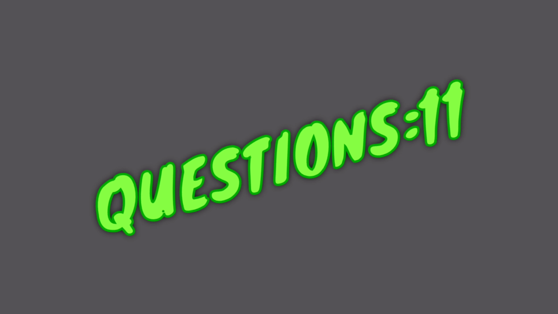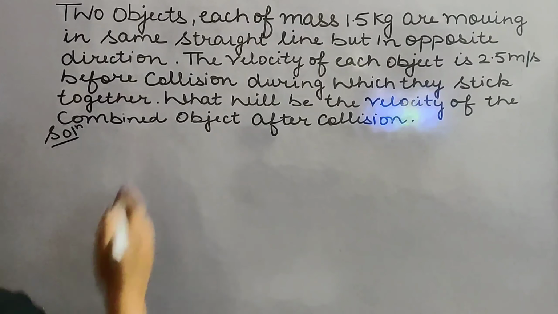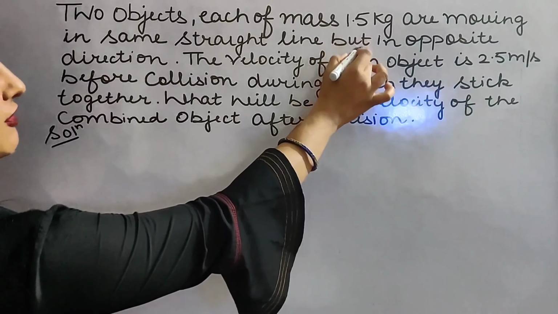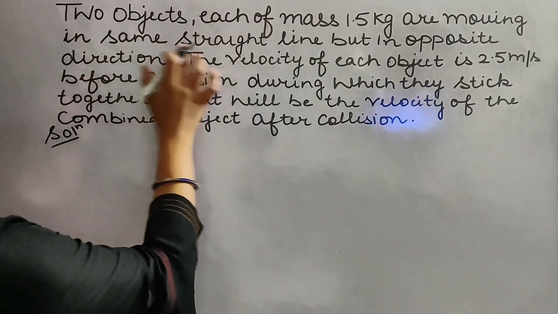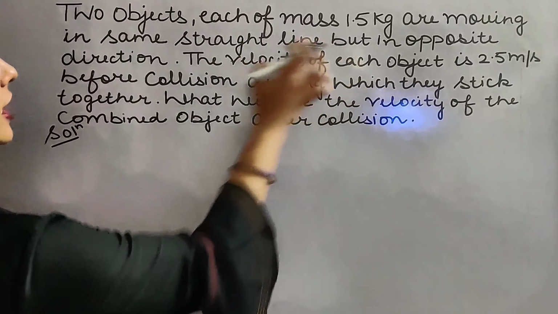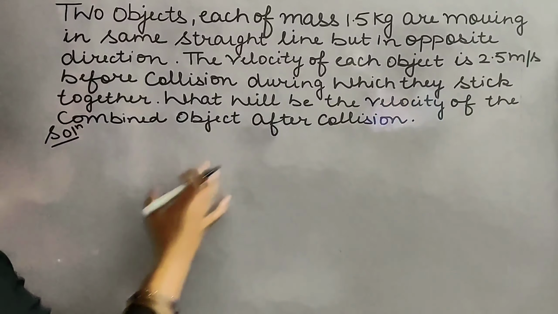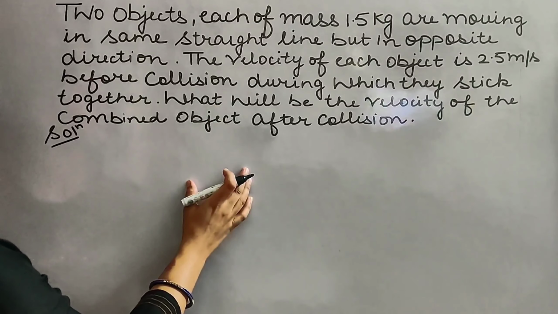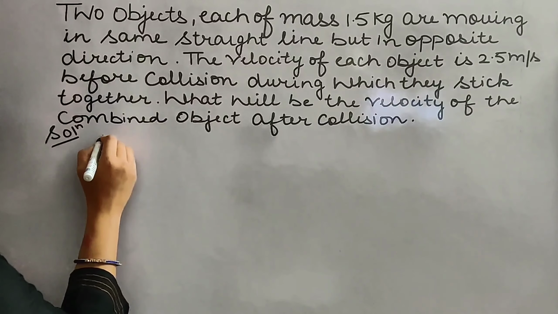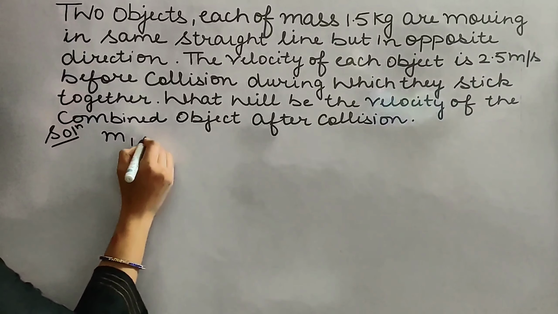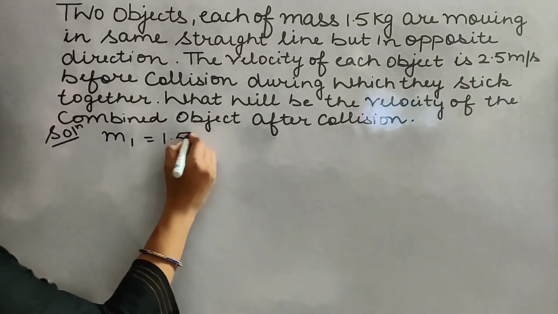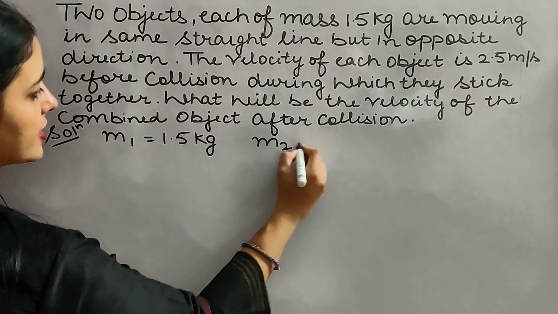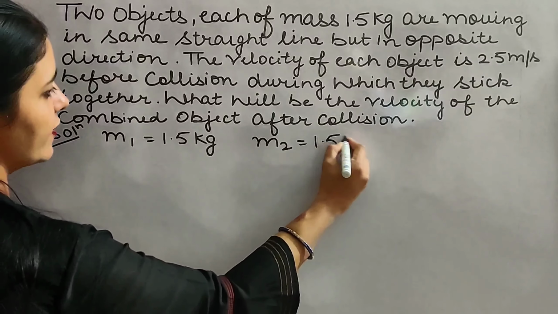Question number 11. Two objects, each of mass 1.5 kg, are moving in same straight line but in opposite direction. Their magnitude is same. For first object, mass is m1, 1.5 kg. For second object, mass is same, 1.5 kg.